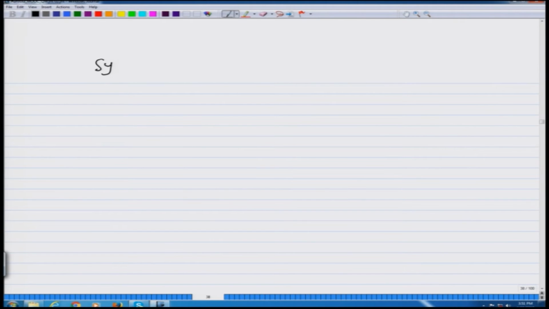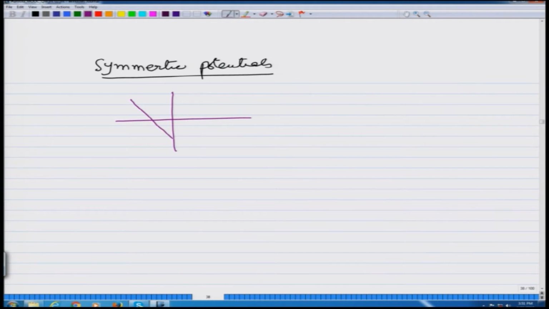So, I am talking about symmetric potentials. For example, I could write this potential, which is again the same on two sides of the y axis. This is also V x equals V minus x. This is also a symmetric potential.